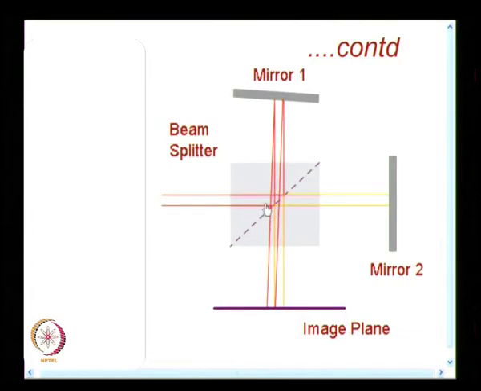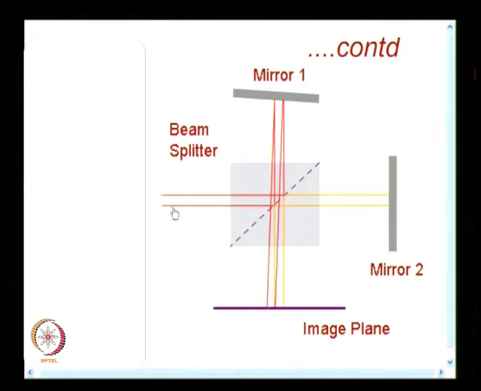So, the ray goes and hits this mirror, this is kept perpendicular and the mirror 1 is slightly tilted. So, beam splitter sends one ray to this mirror and sends other component to this, and whatever comes from this, because of the tilt it gets shifted, and it is also said it is sheared to this point.